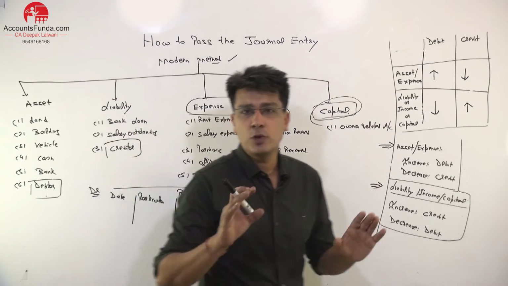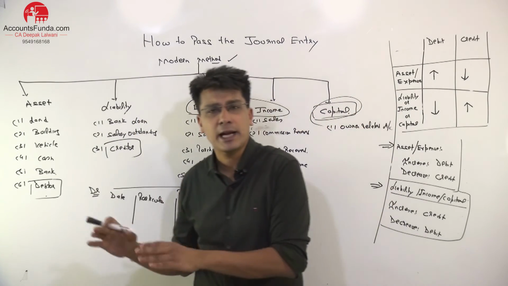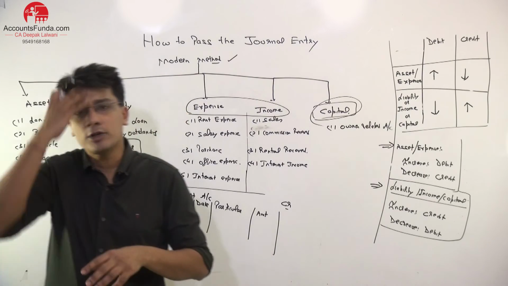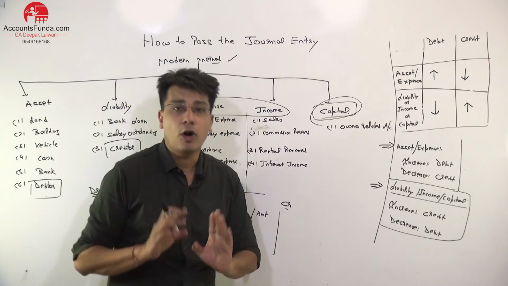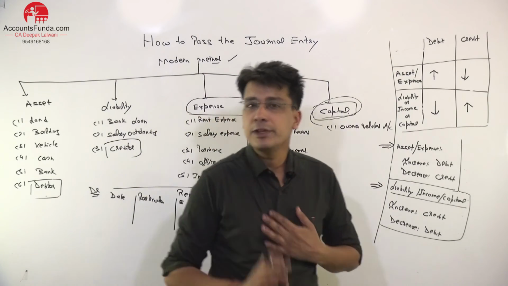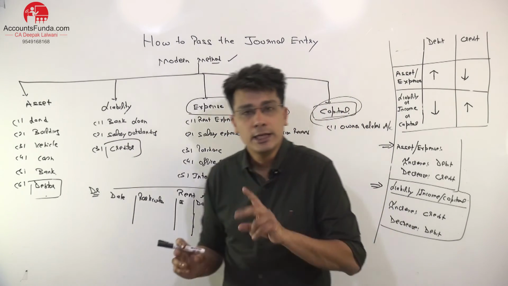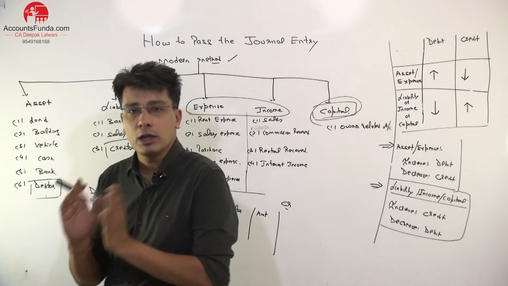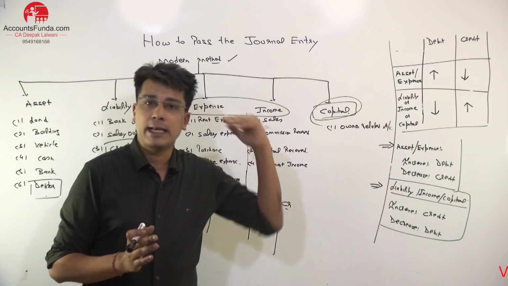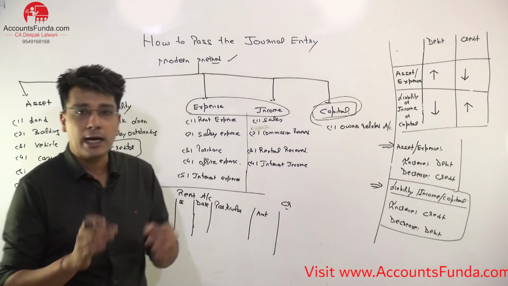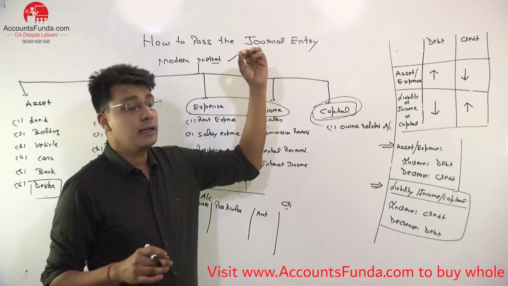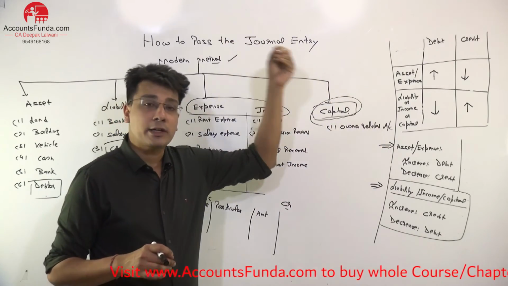Like in mathematics, you have plus, minus, subtraction, addition, etc. In accounts, there are only two things: either the account will get debited or the account will get credited. There is no third way. In the whole of accounts, every account is either debited or credited. It cannot happen that an account is neither debited nor credited.